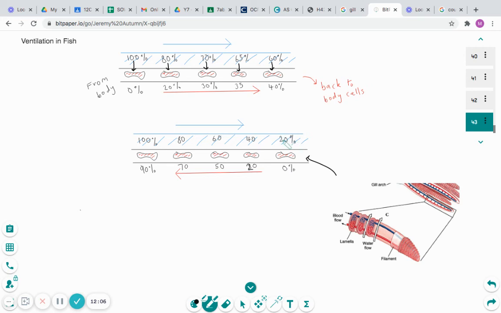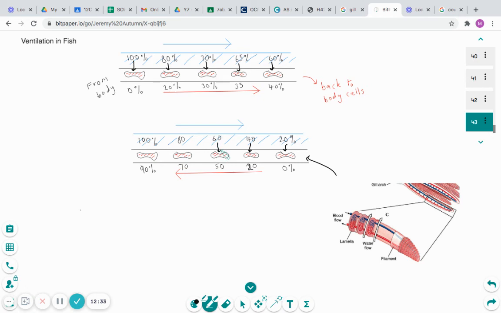Even though the oxygen in the water is only at 20%, because it's still much higher than 0%, diffusion can occur. And as this blood cell moves through the lamella, up to 20% now, it's hitting a region of water which has slightly more oxygen, so it can still get more. There's still a concentration gradient of 50% because the water has 60.